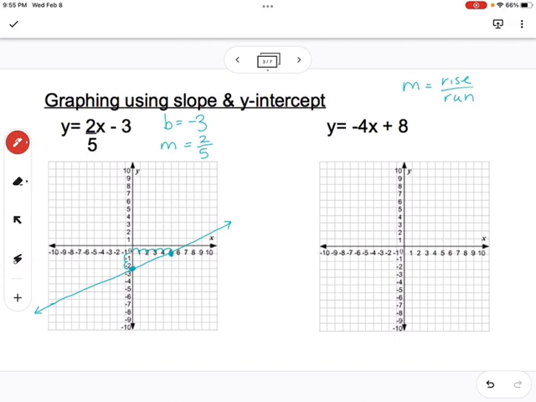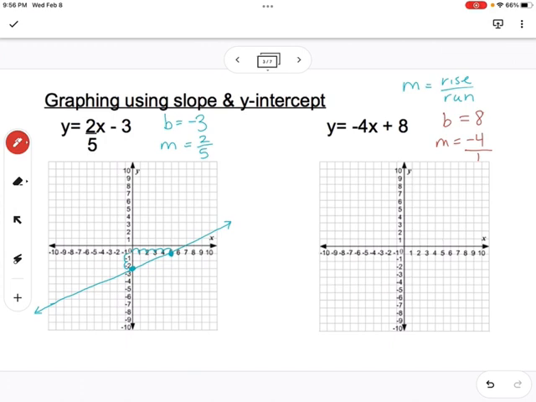So our b is the number by itself, which is 8. And our m is the number beside the x, which is our -4. So in order to make that into a fraction to have our rise over run, we can just make this over 1. And we still have the same slope.